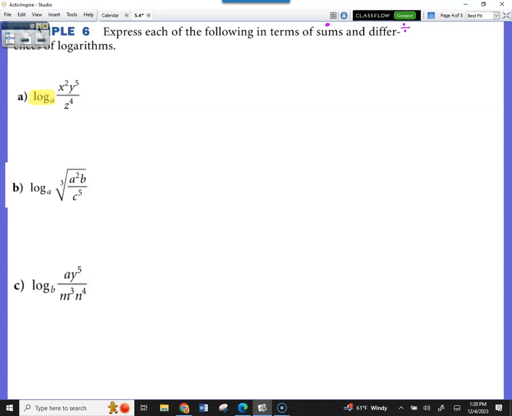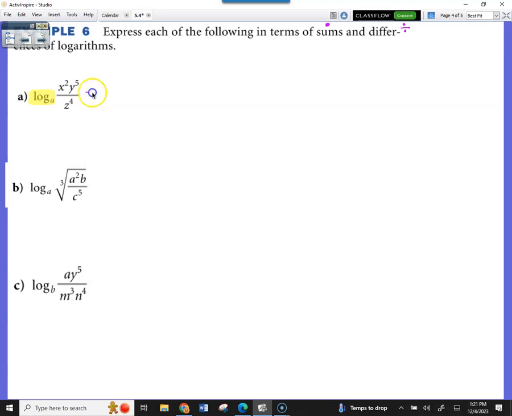What's my rule always? Get rid of the fraction, right? Let's get rid of the fraction, because then I can work on the top, then I can work on the bottom. So tell me what separates to get rid of the fraction? Yes, the fraction becomes subtraction, and it's literally between the two things you see in the fraction.